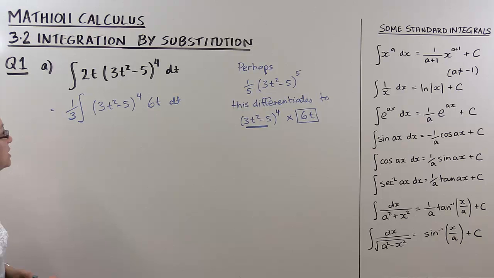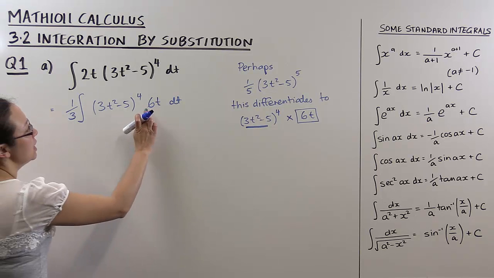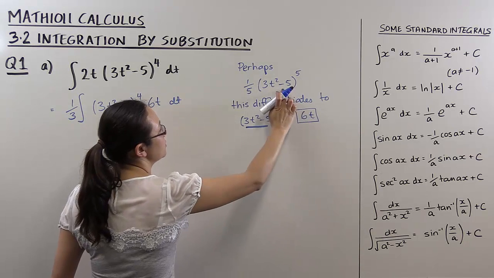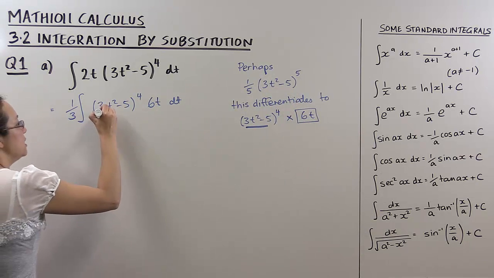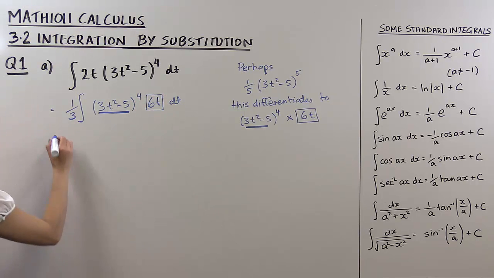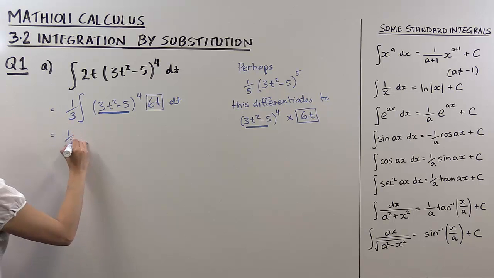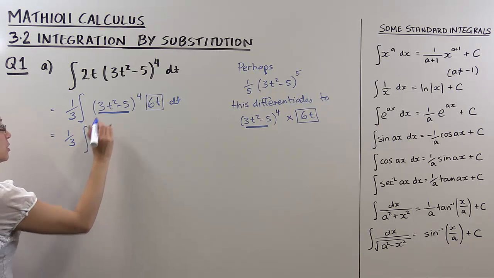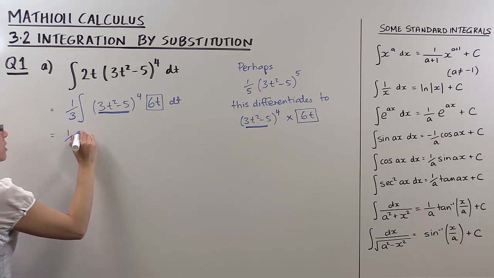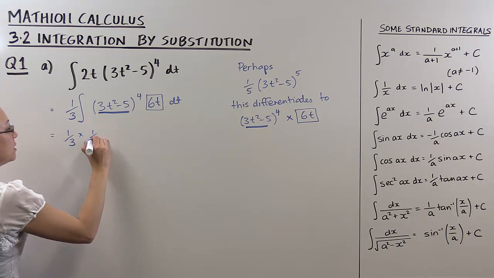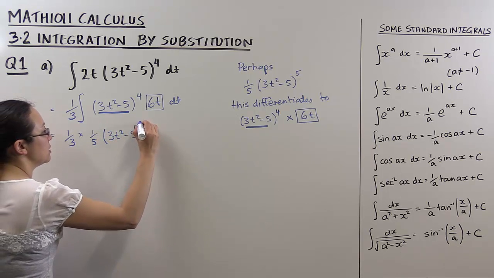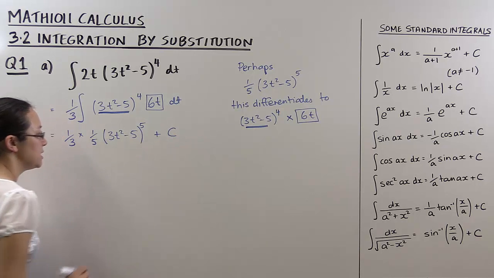Now I can anti-differentiate this because I know this expression anti-differentiates to this here. The inside differentiated is sitting here, so I can reverse this chain rule. So I get 1/3 times 1/5 (3t squared minus 5) all to the 5 plus c.